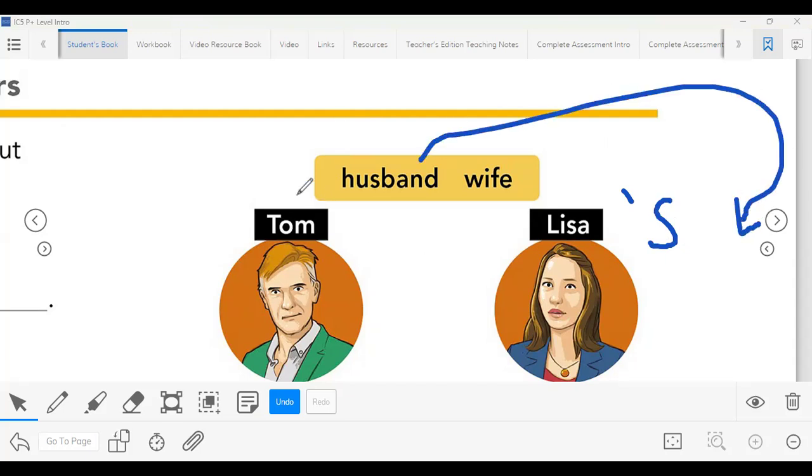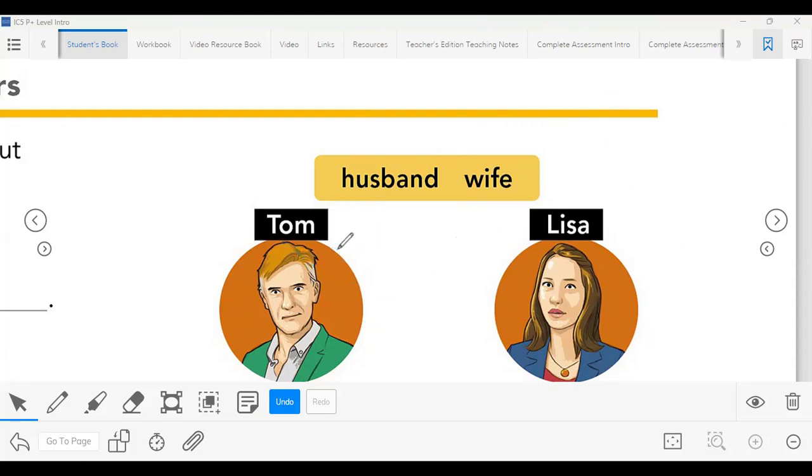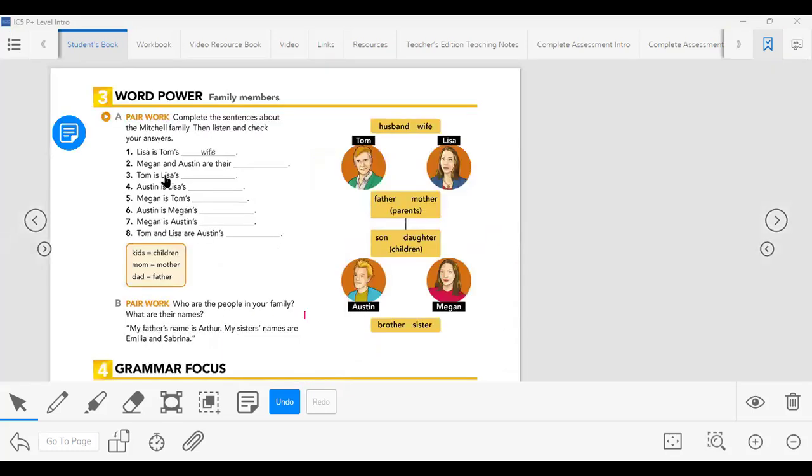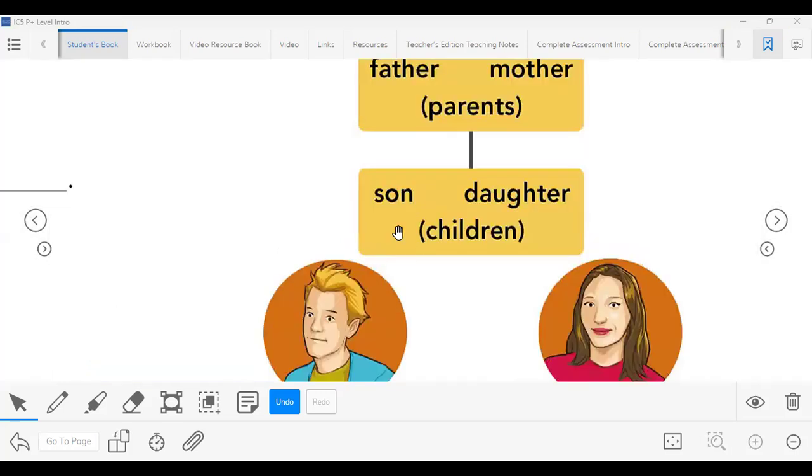But if I'm talking about Tom, Tom's wife. You see? This is just to keep fresh one of the previous topics, because we learned apostrophe S when we want to express ownership. Okay, possessive.